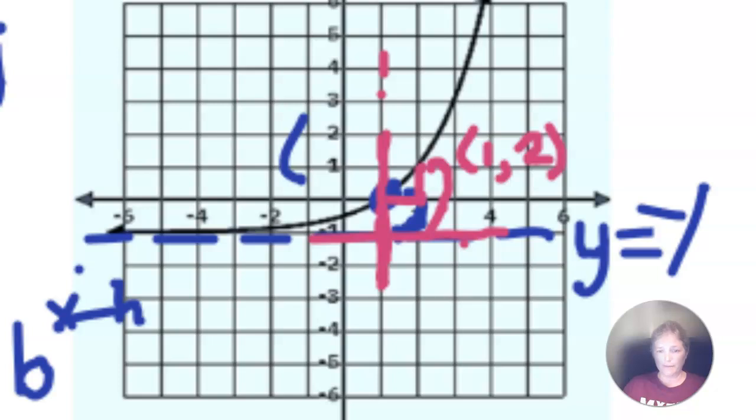What that means is that every time we step over by 1, we double. So over by 2 goes up by 4. Over by 3 would go up by 8, which we can't see on this graph. So we can see that this is a doubling function, so the base is 2.